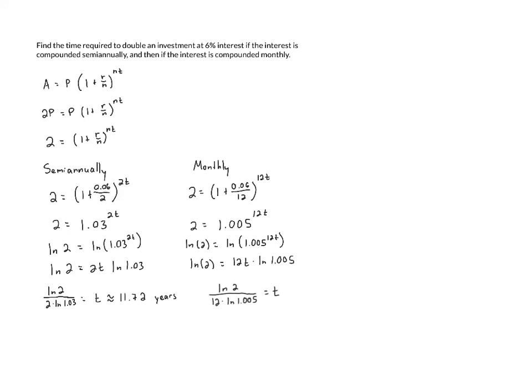This is our value of t, and we can use a calculator to see that this is approximately 11.58 years. So it would be a little bit faster if we're compounding monthly instead of semi-annually, but it doesn't really make that big of a difference in the long run in this situation.